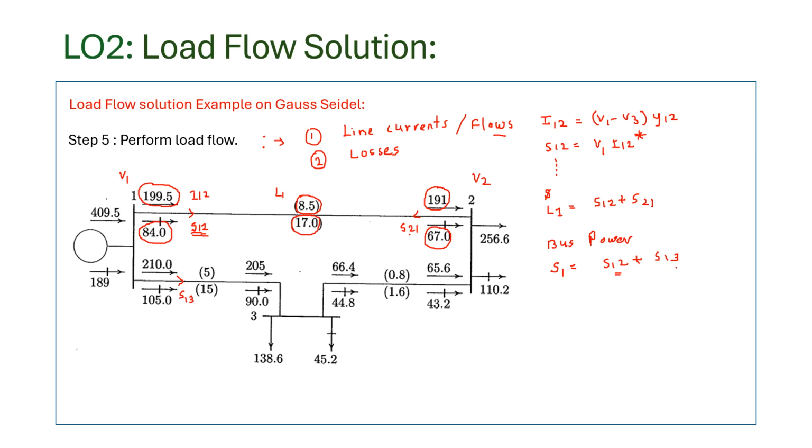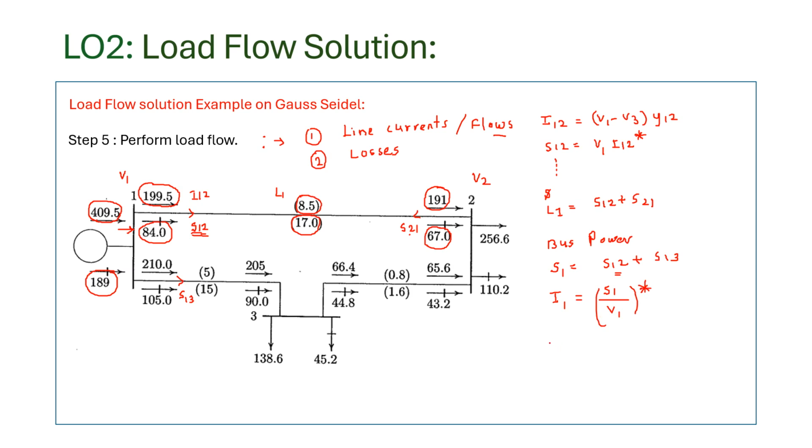Adding these two line flows, we get the total power at this bus, which is 409.5 megawatt and 189 MVAR. After calculating the bus power, we can calculate the bus current. S1 divided by V1 conjugate gives the bus current at a particular bus.